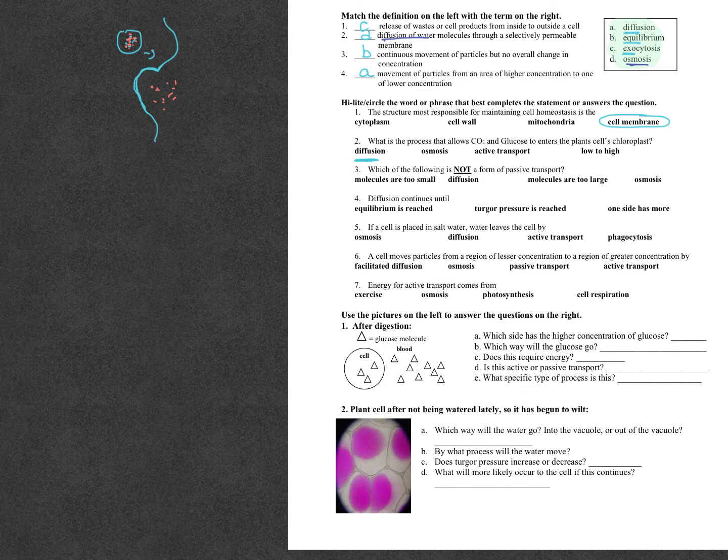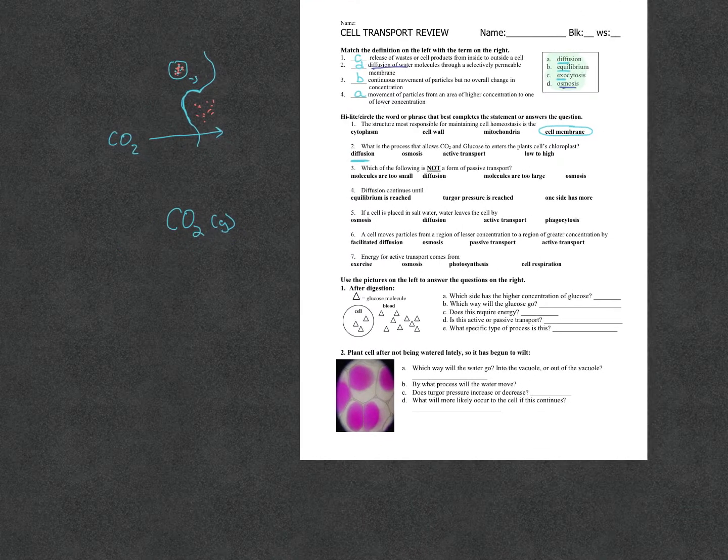It's certainly not active transport. There's a couple things you should know at this point. The first is that CO2 is a gas. It's nonpolar, it's small. So CO2 just goes right through any membrane. It's very permeable. These nonpolar small molecules are very permeable.